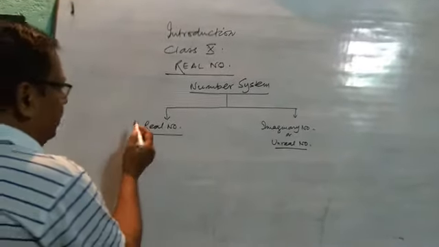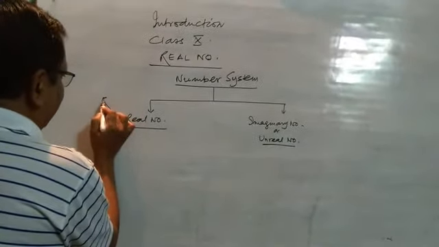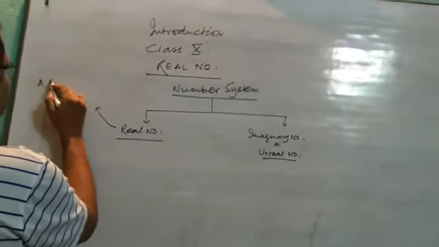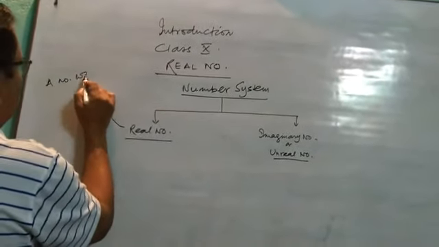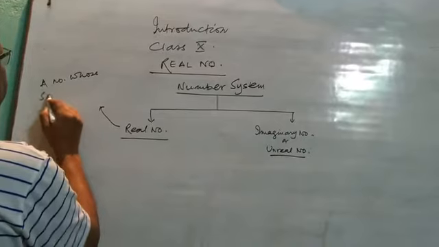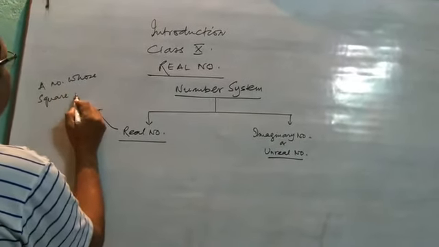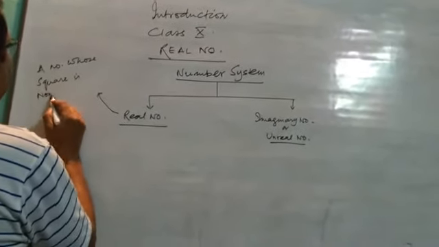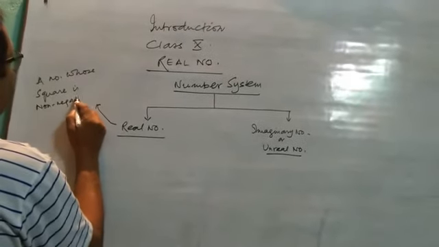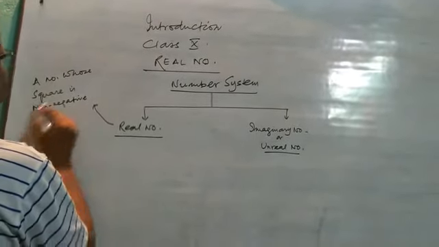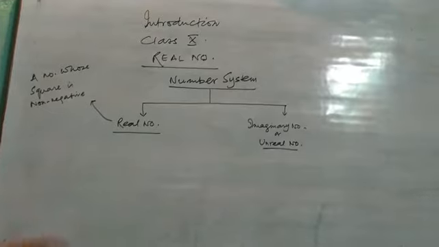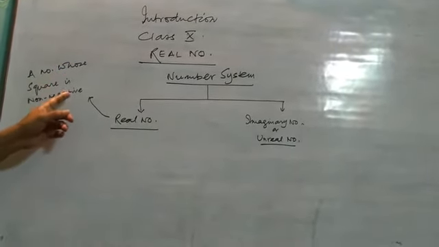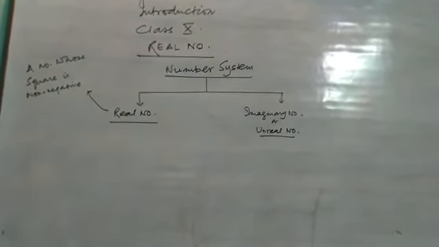The definition of real number goes like this: a number whose square is non-negative is called a real number.